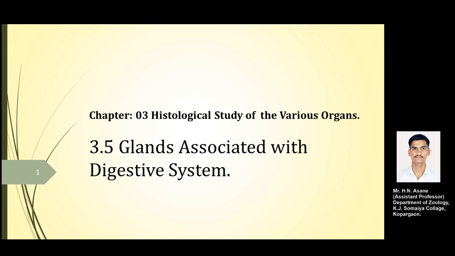In the last session we have seen the histology of the liver, with the ducts present in the liver, its microscopic structure and its lobules, the hepatic lobule and hepatic cells arranged in the lobule.